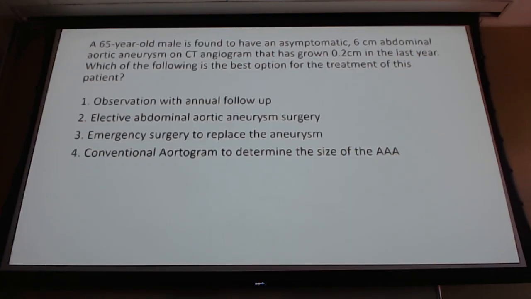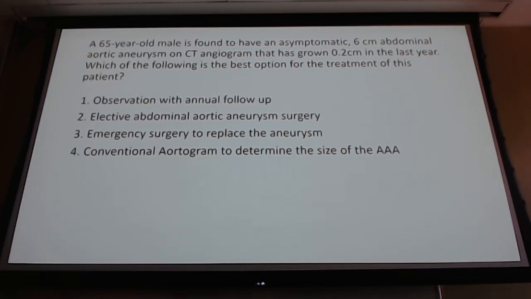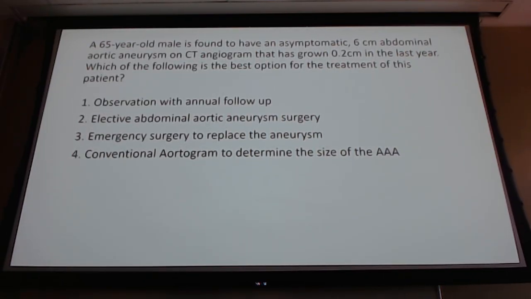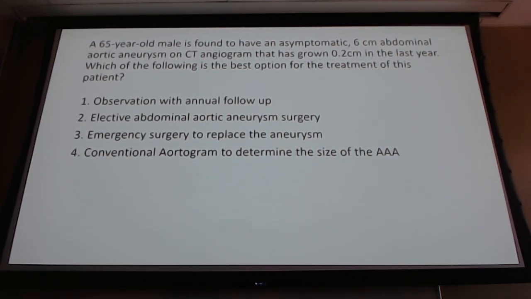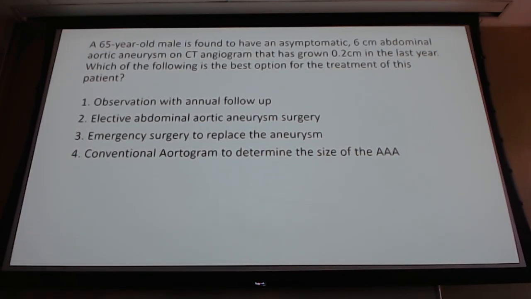Who wants 1, 2, 3, 4? 2, right? So it's asymptomatic and it's greater than 5.5. What if it was symptomatic? 3, right? You're going to go straight to emergency.